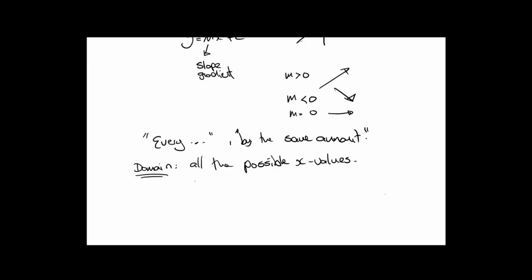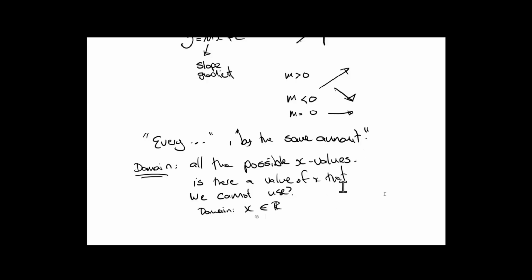So we need to ask ourselves, is there a value of x that we cannot use? In all but one type of example, the answer to that is no. So the domain of this is a subset of all the real numbers. There's no x that we can't put in there that we don't get an answer for.